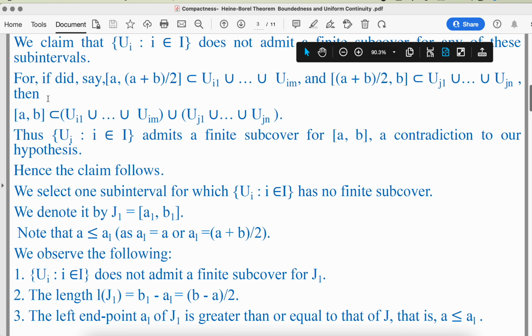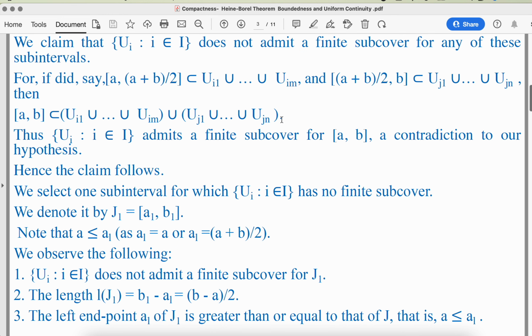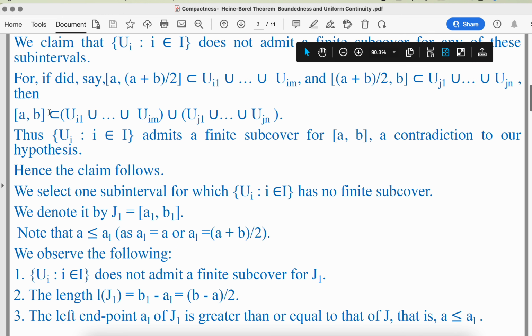Then in this case our interval [a, b] is a subset of the union of these covers, meaning U_i1 union up to U_im union U_j1 up to U_jn, because this interval is a union of two subintervals, so it is covered by these covers.